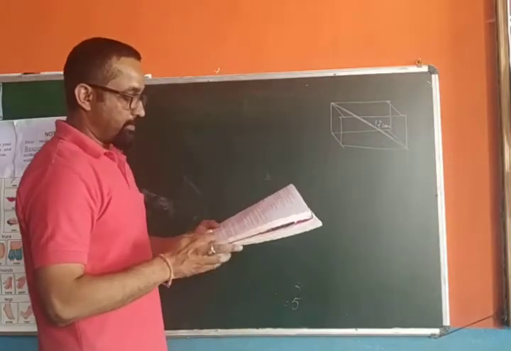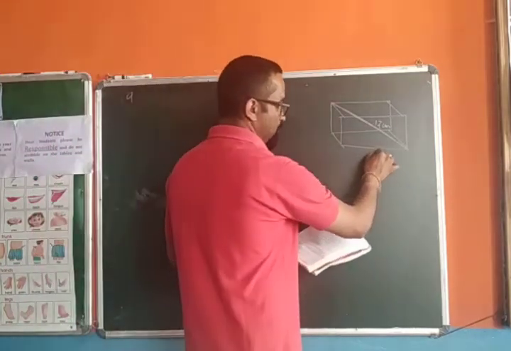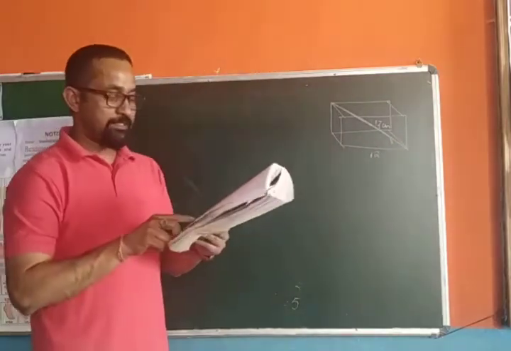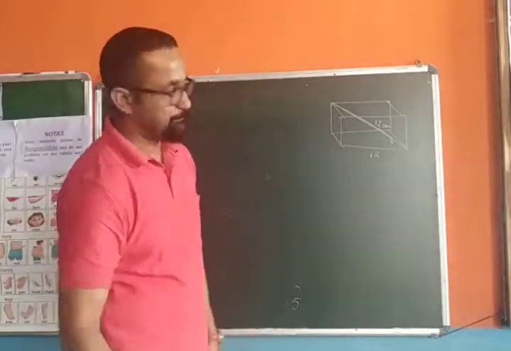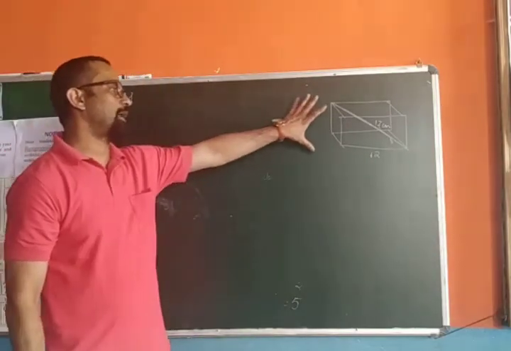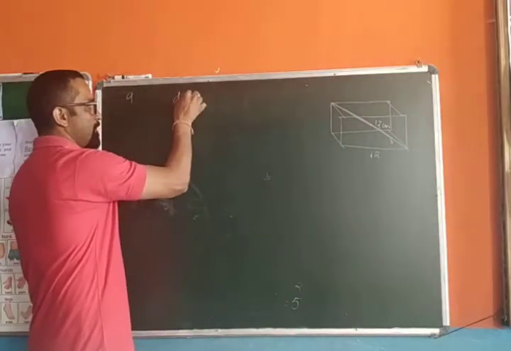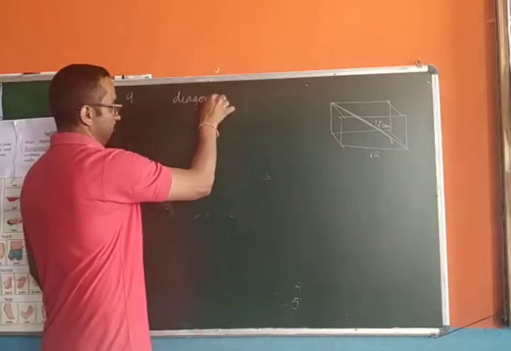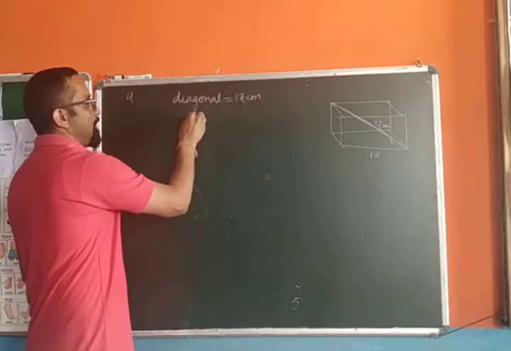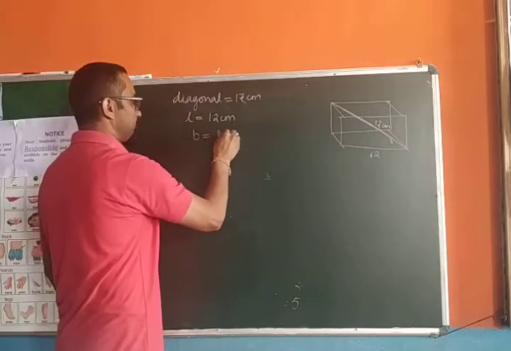If the inner length and breadth of the box is 12 and 8, question says that find inner height. If you look at this given question and the diagram here, you know diagonal is given, which is equal to 17 centimeter. Length is given 12 centimeter. Breadth is given 8 centimeter.